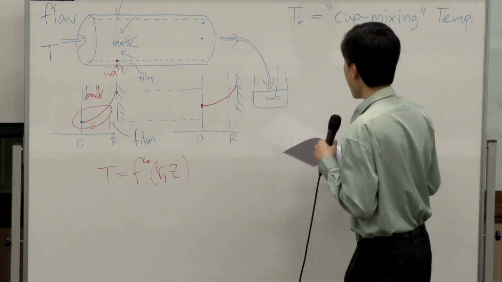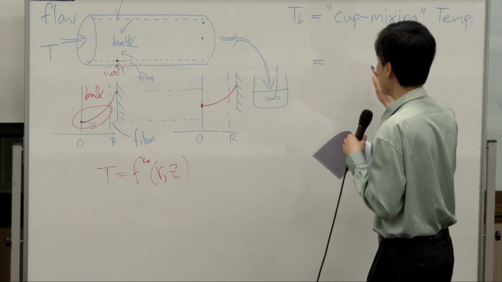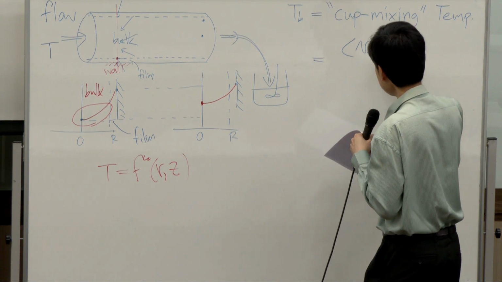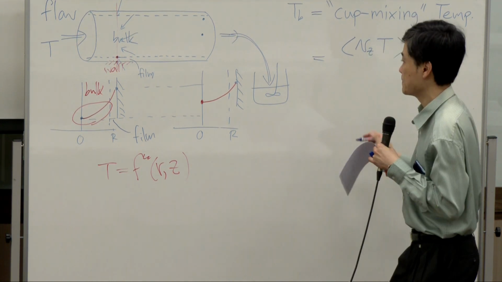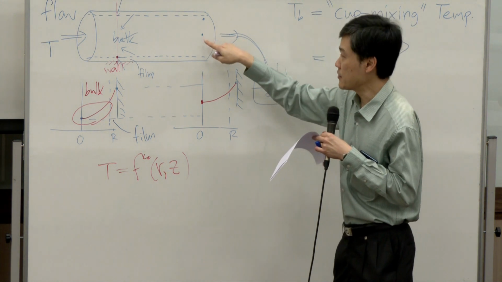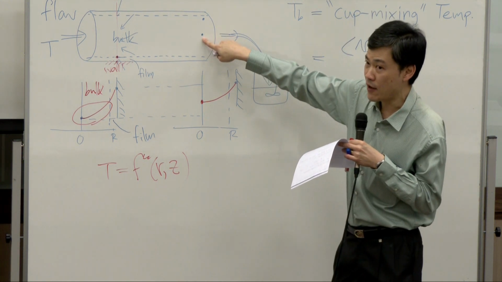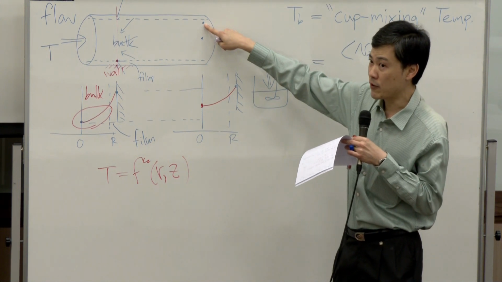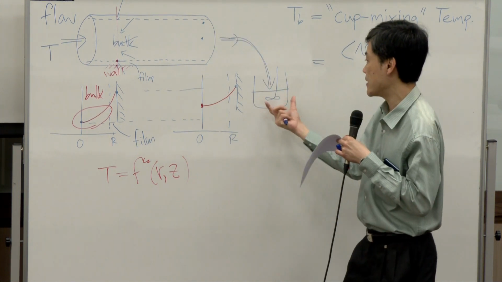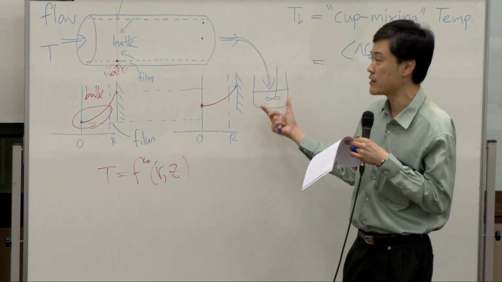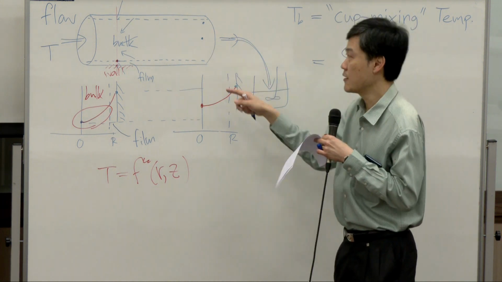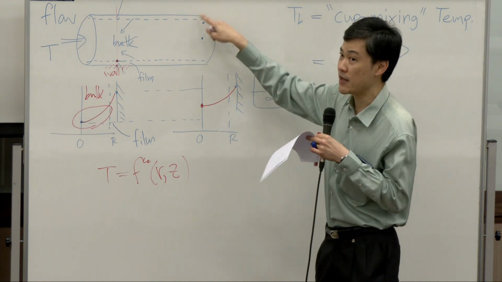Mathematically, cup mixing temperature can be calculated based on velocity and temperature, because at the center, liquid flows at high velocity. Near the wall, liquid flows at lower velocity. So if you collect this liquid for, let's say, 1 minute, the majority of liquid would come from the center part, and less liquid would come from near the wall.